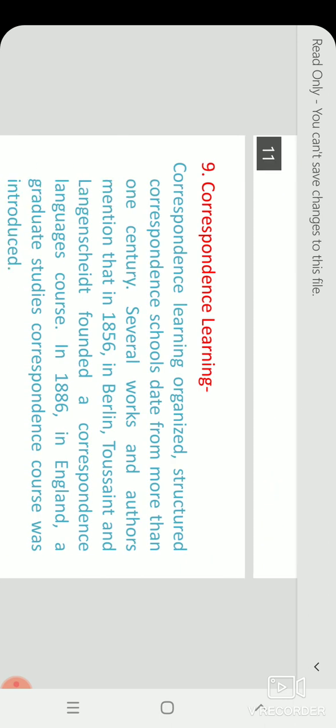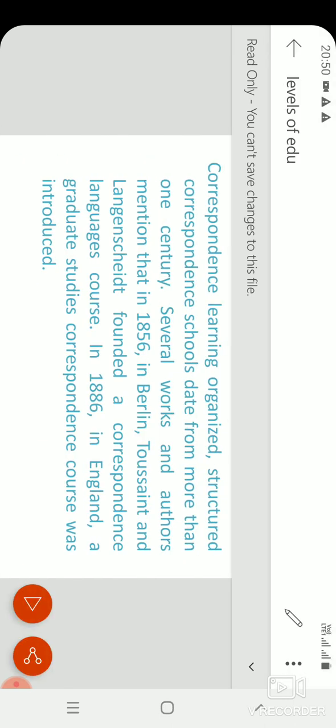Next one, correspondence learning or the open system of education. Correspondence learning is organized through structured correspondence schools and several books, and the candidates are given the correspondence learning.